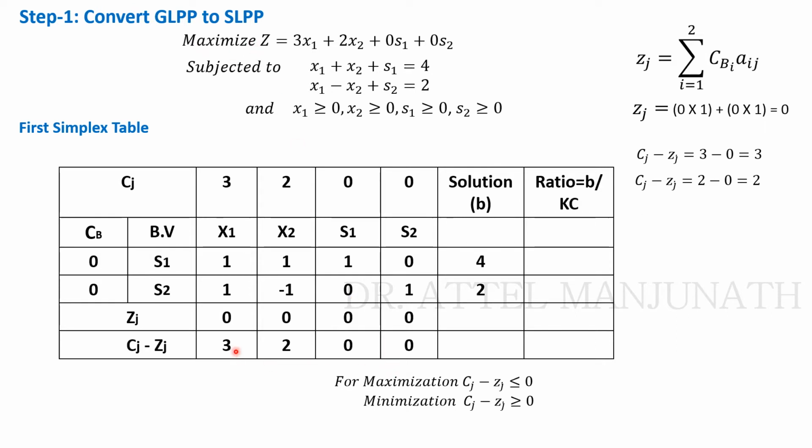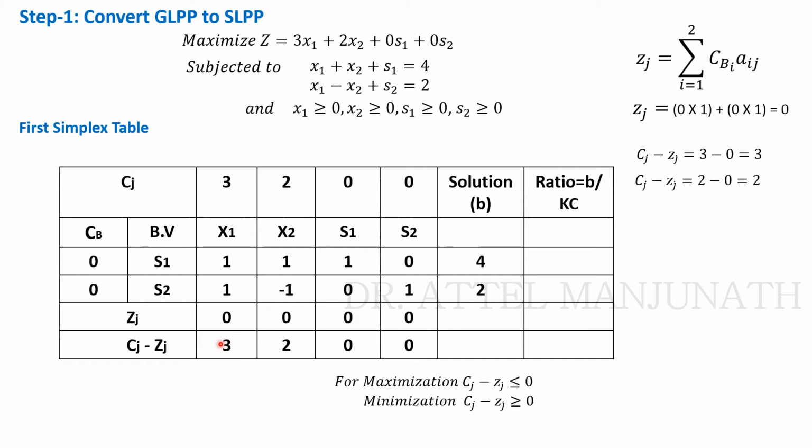So all the values in the Cj minus Zj row should be less than or equal to 0 for getting the optimal solution. This Cj minus Zj row represents the net evaluation row, and it determines whether the current solution is optimal or not.